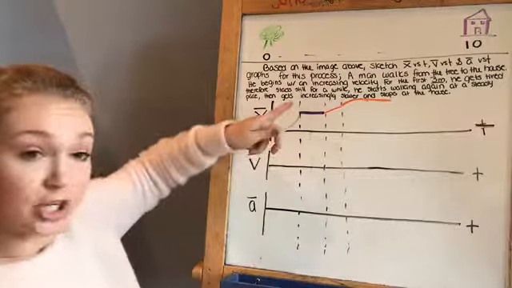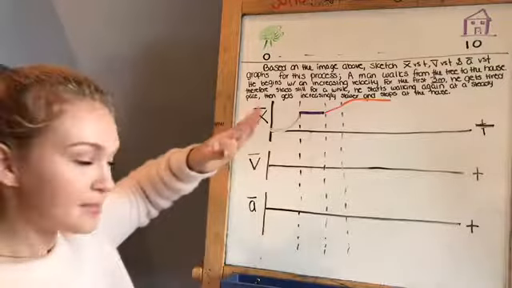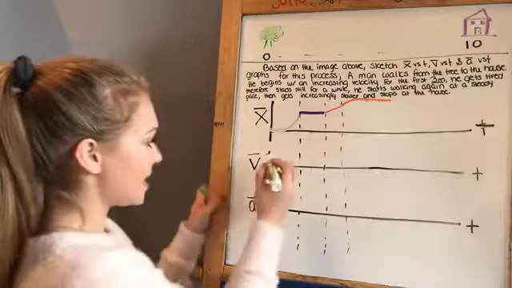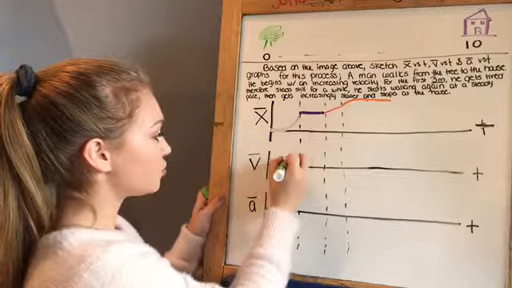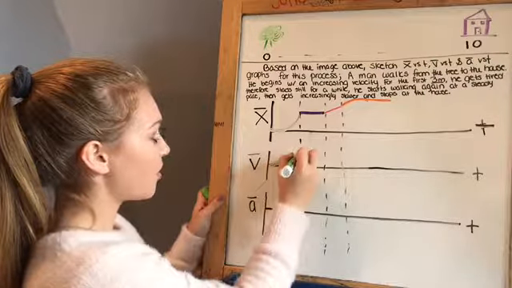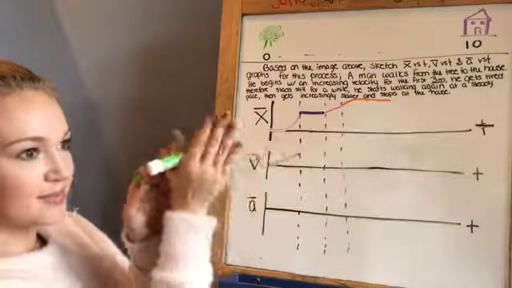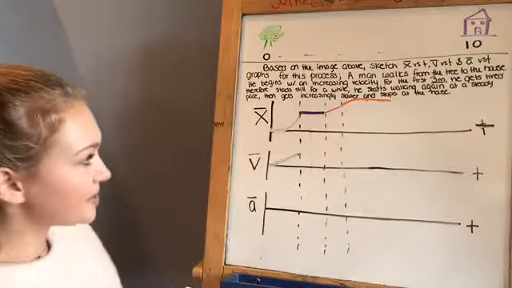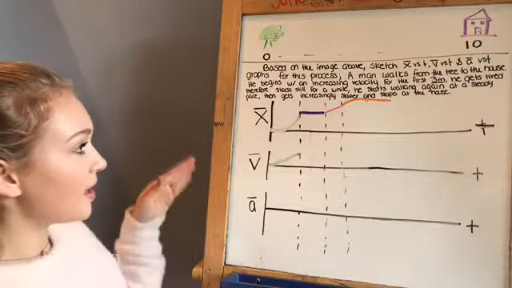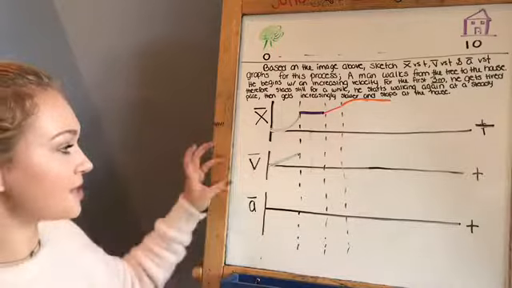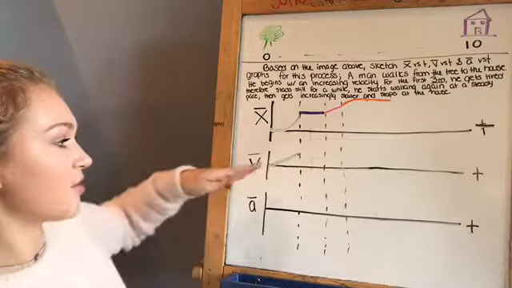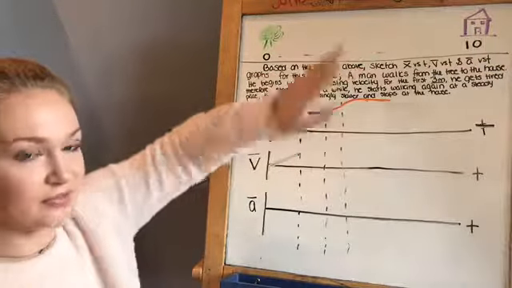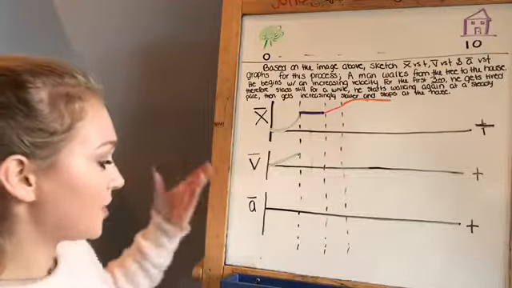Because this is increasing, it's a curved displacement line, we know that velocity is going to be a straight increasing steady slope. Because he's going faster and faster, he's increasing at a steady rate. So that gives us our velocity.